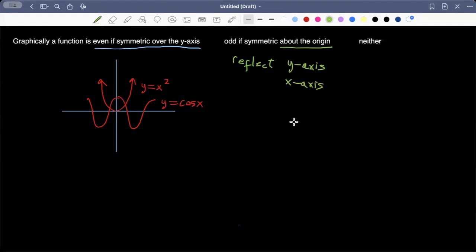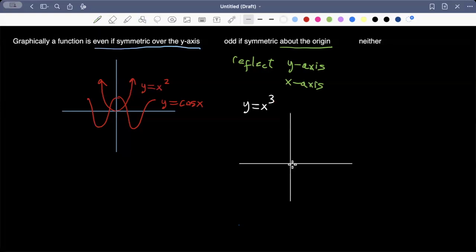And if you see an identical copy of the graph in the two reflections, then your function is said to be odd. The most common odd function you will encounter is y equals x cubed. Let's look at this function, apply the two reflections, and see why it's odd.